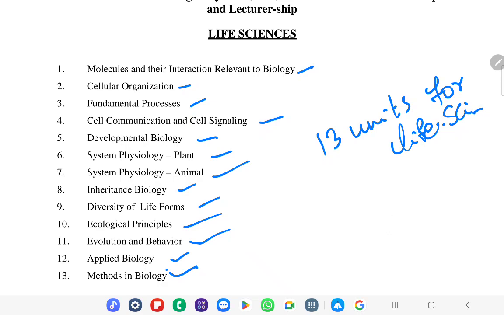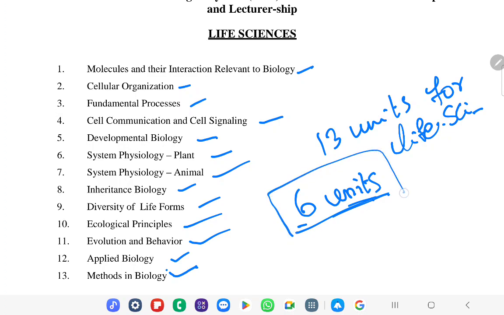Out of this, you should focus on at least 6 units. If you get a good command of 6 units, you will definitely crack this exam. Any 6 units which are very familiar to you.